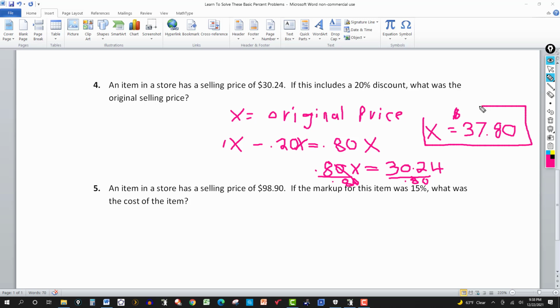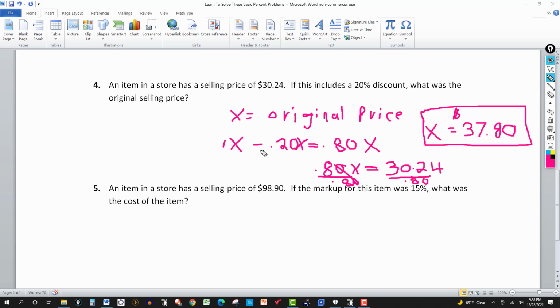Okay, so with the 20% discount, it comes out to 30.24. Okay, so the original price was 37.80, and with the discount, you pay 30.24.